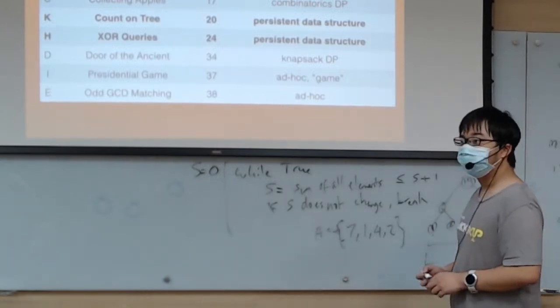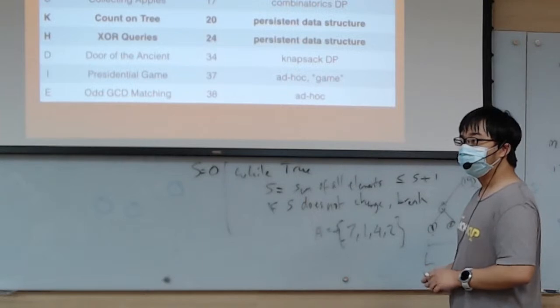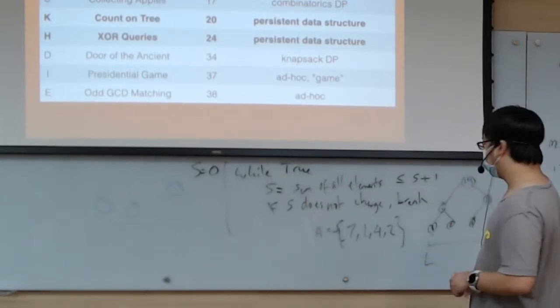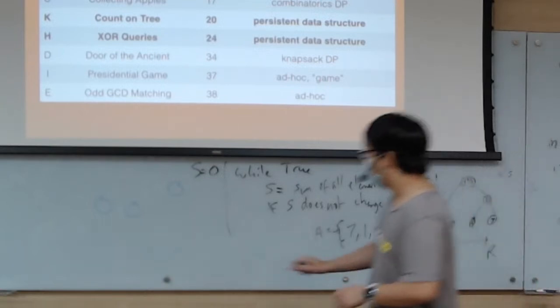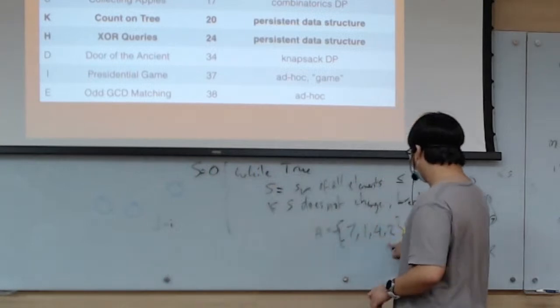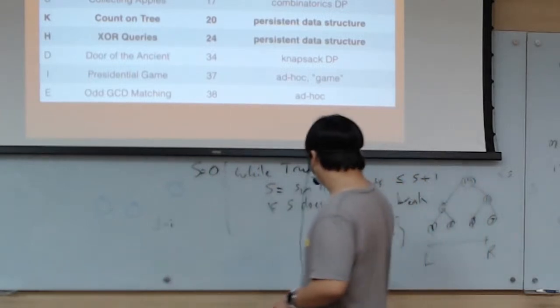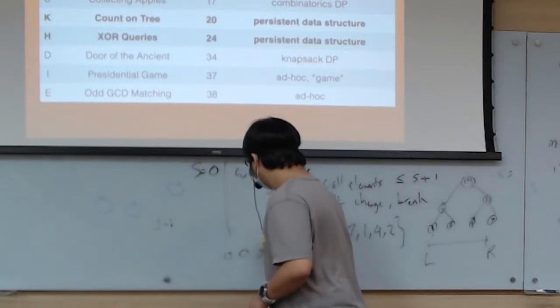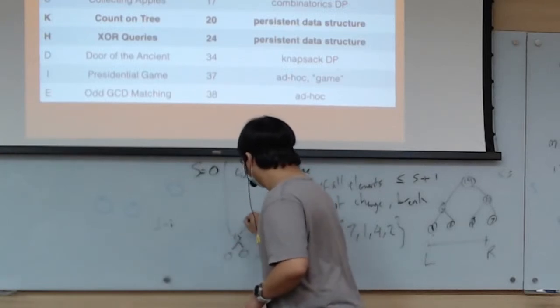I didn't understand how you get a segment tree for each range. You use a persistent segment tree. Like from 1 to I, let's say 7, 1, 4, 2. For the first segment tree, you just have 7, 7, 7, right?